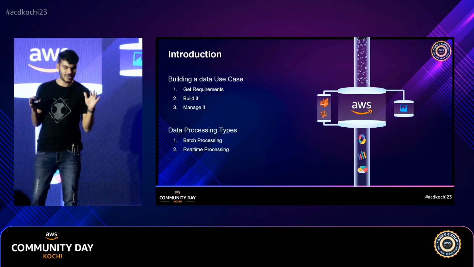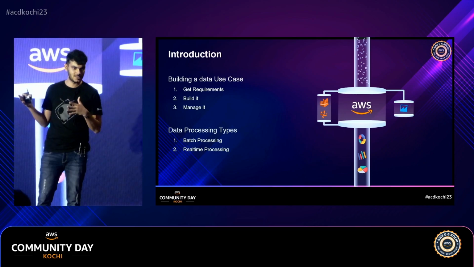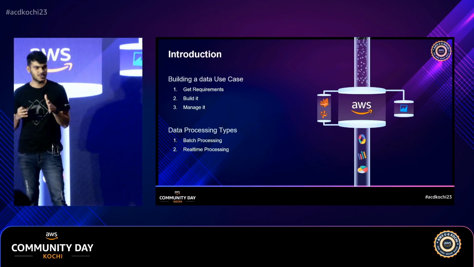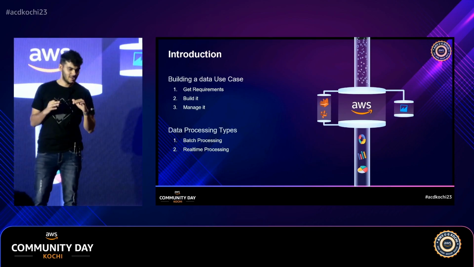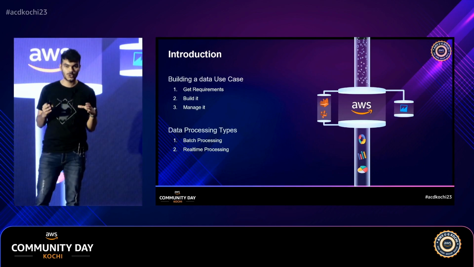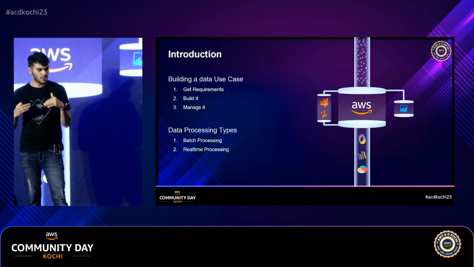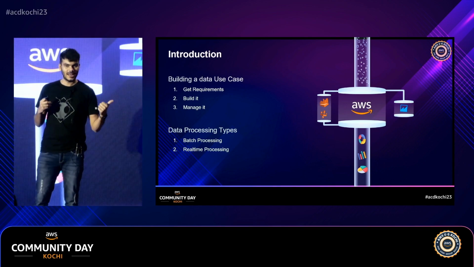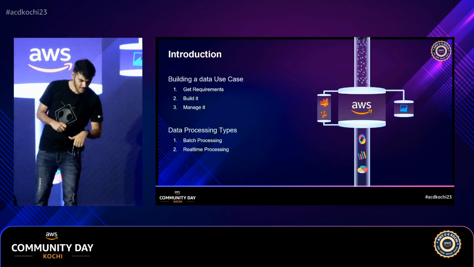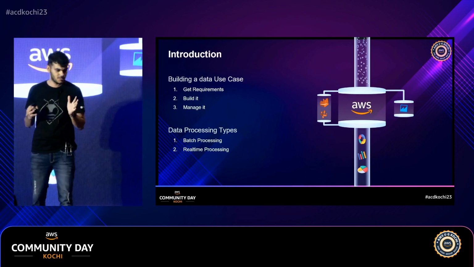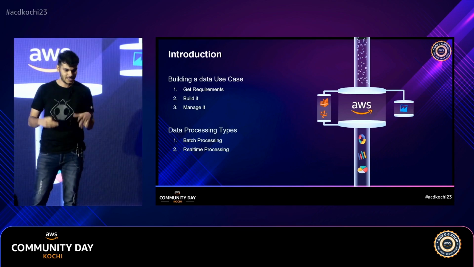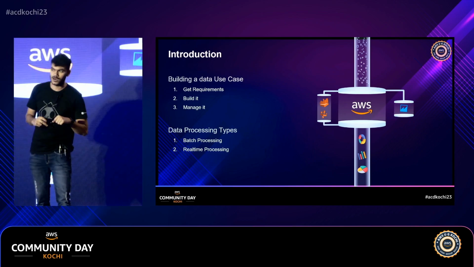They will not give you any information where to pick this data from or how you're supposed to connect the data. And so this is the most crucial step, where me personally, I've spent more time in getting requirements than building the actual solution.